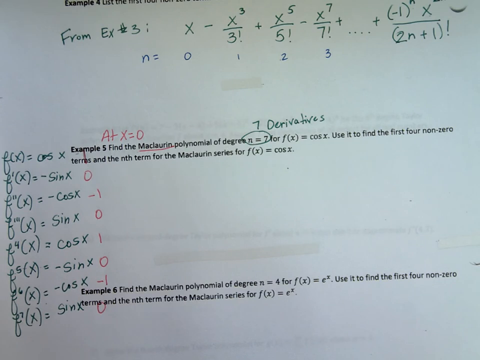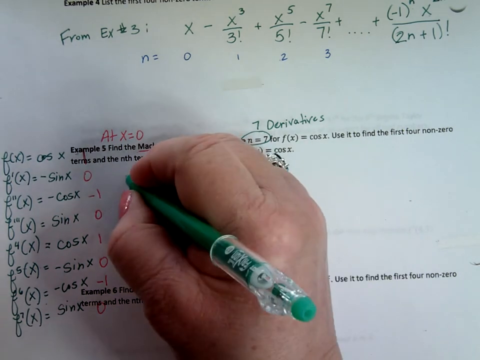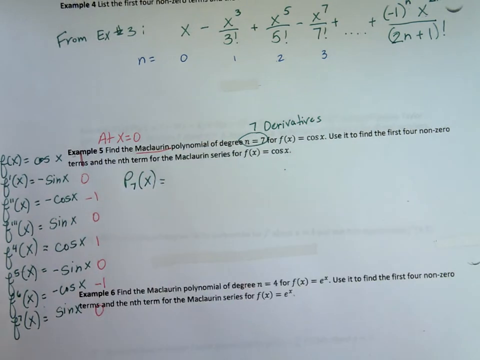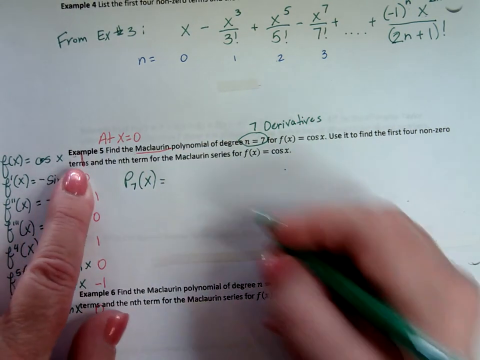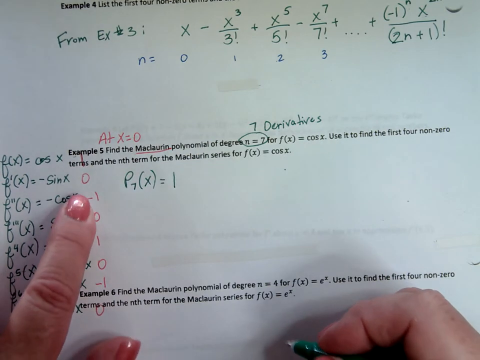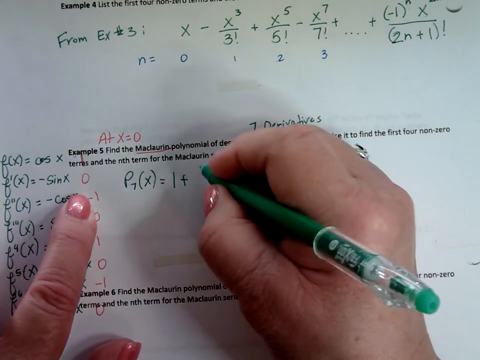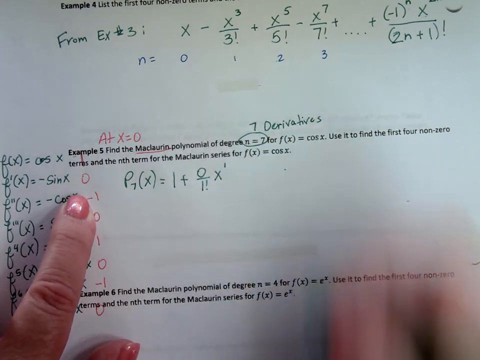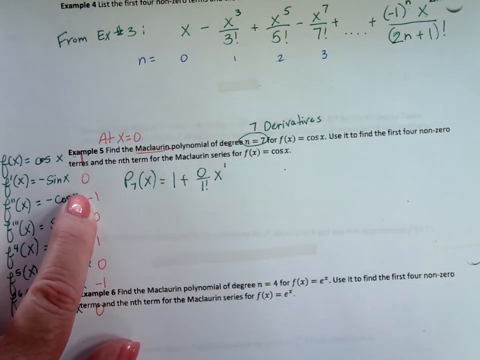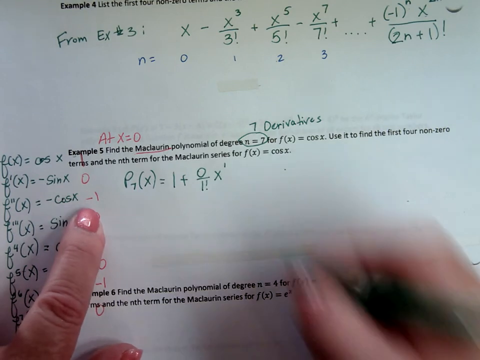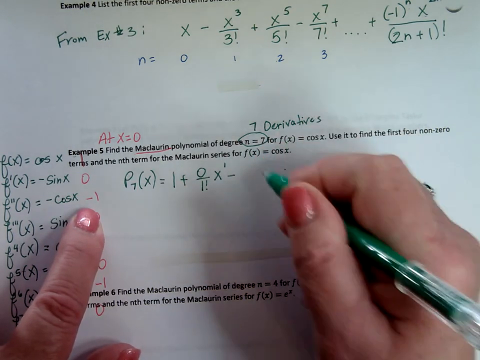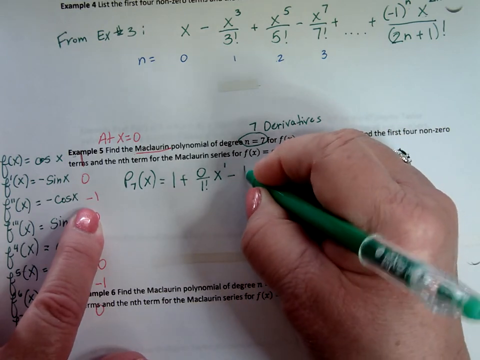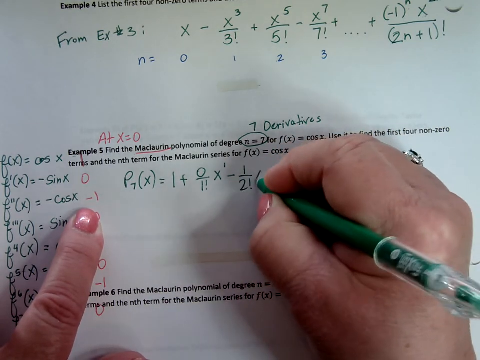All right, let's generate the polynomial. Polynomial of 7th degree is, take the first guy, he's a 1, plus 0 over 1 factorial x to the first. And then it's minus. Now you could leave this as a negative 1, but I think you got the idea with the negative here. So 1 over 2 factorial x to the second.